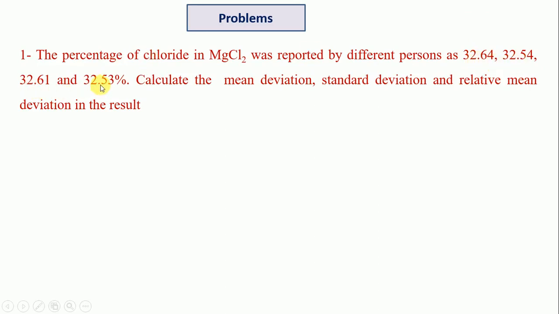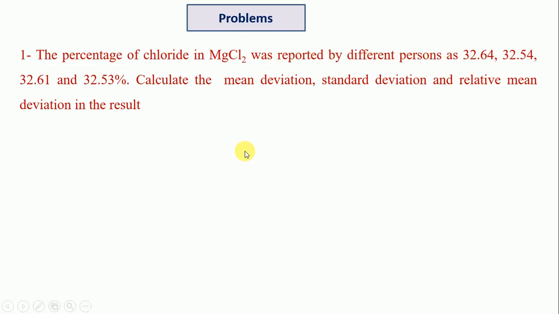So all these four are individual values, and now calculate the mean value. Mean value means: take the sum of these 4 values divided by 4. This is the mean value, and the difference between the mean value and each individual value gives the deviation.